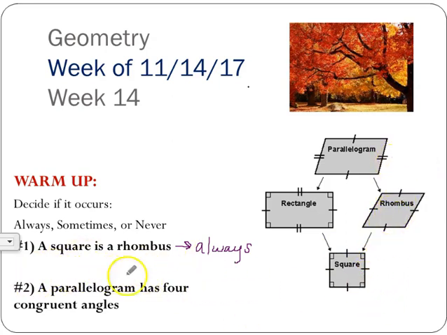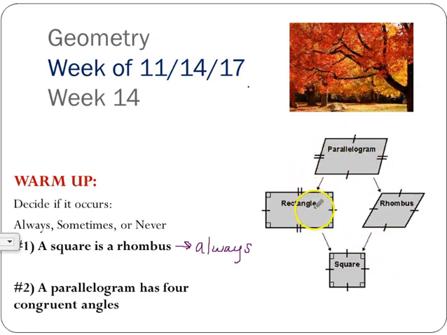What about a parallelogram has four congruent angles? Well, we know a rhombus doesn't have four congruent angles. And in order for them to all be congruent, they would have to be 90-degree angles. So a rhombus does not have 90-degree angles. A rectangle does, though, and a square does. And remember, all these are types of parallelograms.